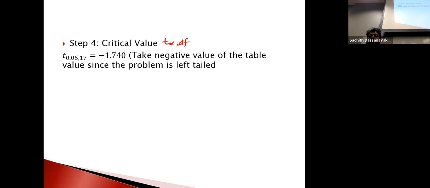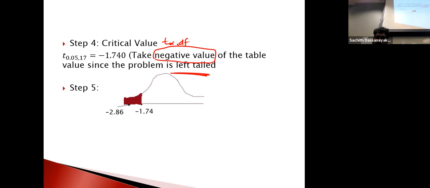Since this is a left tail test, you have to consider that value as negative, negative T alpha comma degrees of freedom. Step 5: this is your T alpha comma degrees of freedom, and this is your T cal or test statistic value.